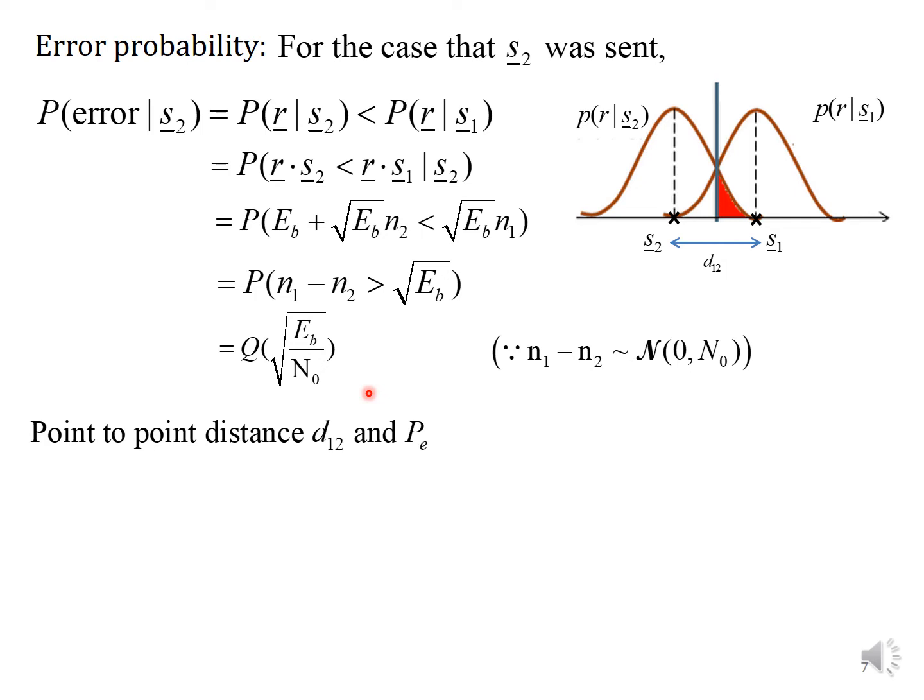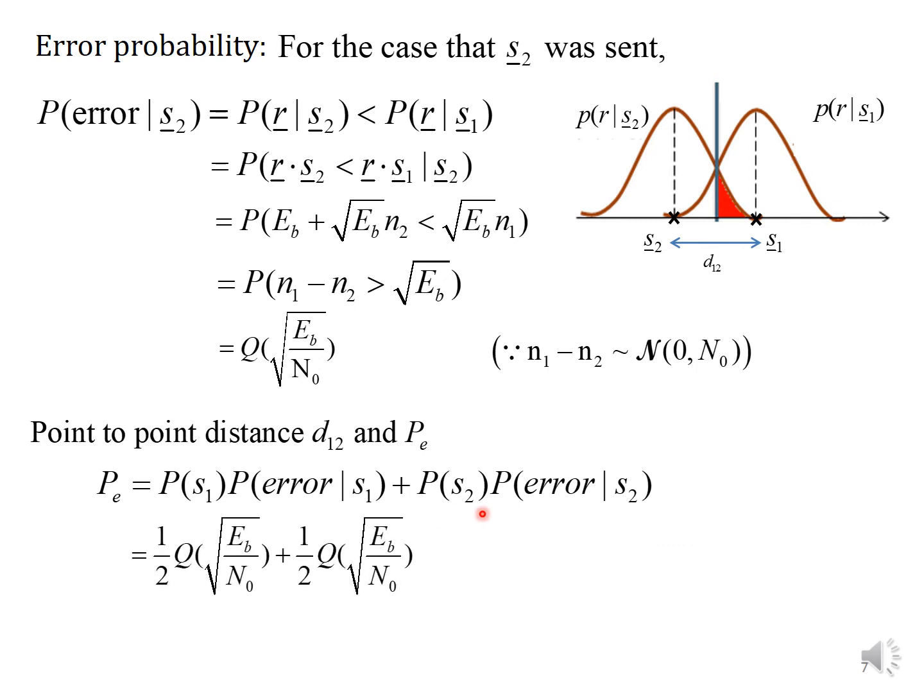Okay, so the point-to-point distance D12 and the overall error probability. The overall error probability would be that S1 was sent and there is an error, or S2 was sent and there is an error. That gives the overall error probability.